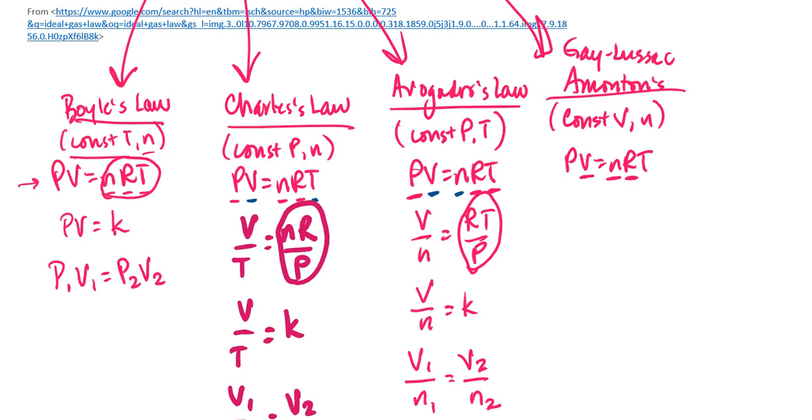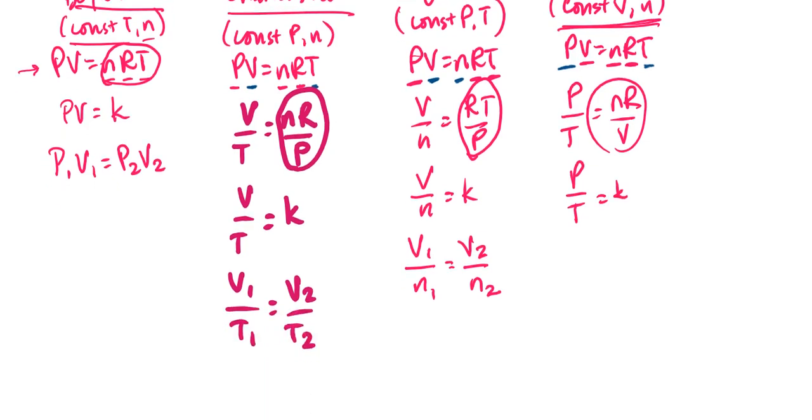So if I am looking to vary pressure and temperature, then if I rearrange this, putting all of the things that vary on one side and all of the constants on the other, I get P over T is equal to nR over V. Again, all of these things are held constant, so that means P over T is equal to some constant, provided that these conditions hold, and I get P1 over T1 is equal to P2 over T2.